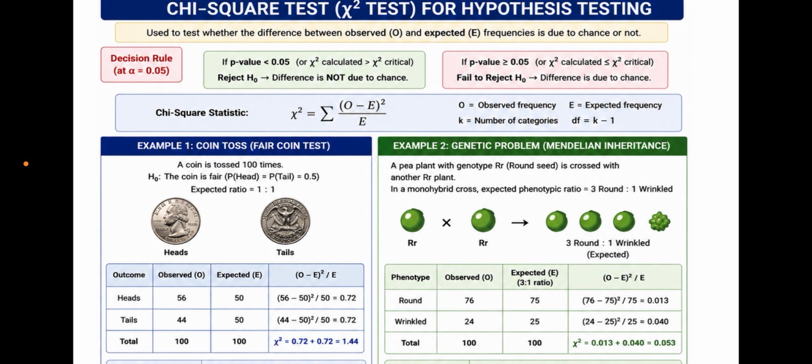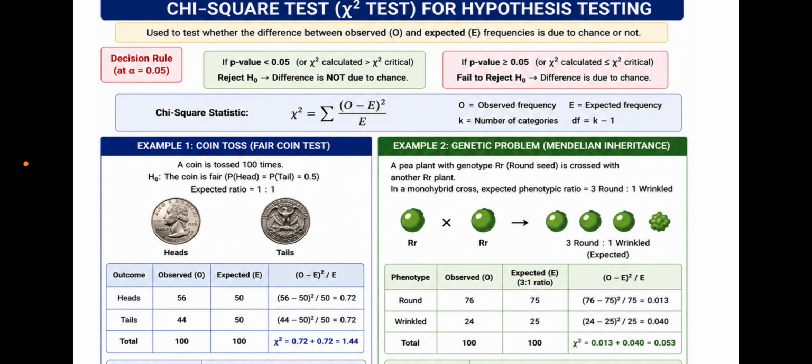For categorical data or frequency data, for example the phenotypic ratio of plants in a Mendelian cross, how many round seed plants and how many smooth seed plants, or how many red color plants and how many white color plants, we have to use the chi-square test to test the hypothesis.